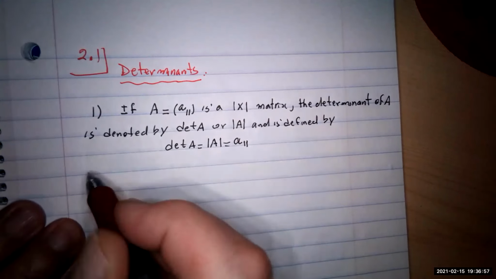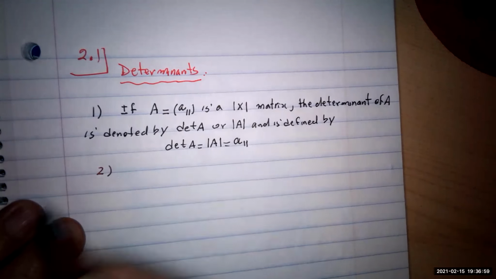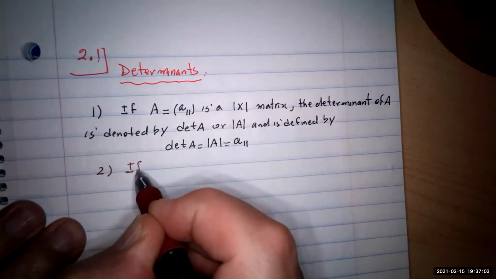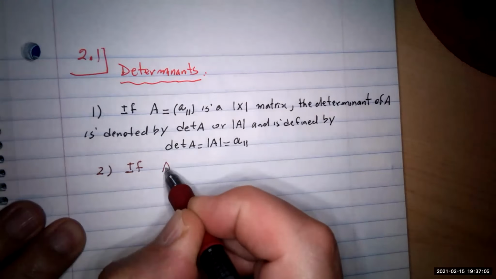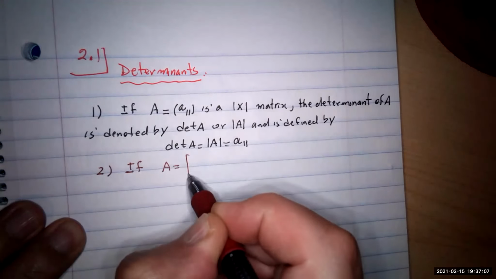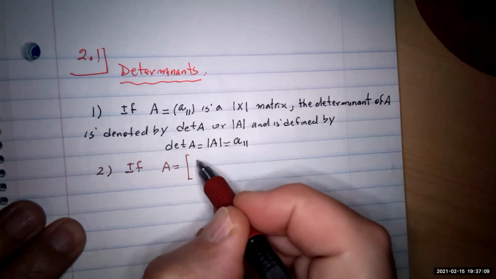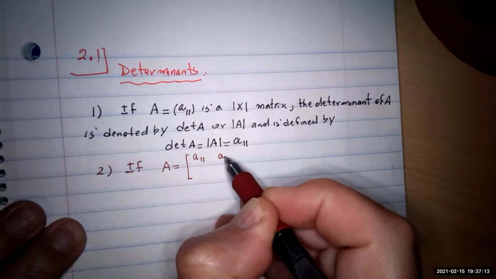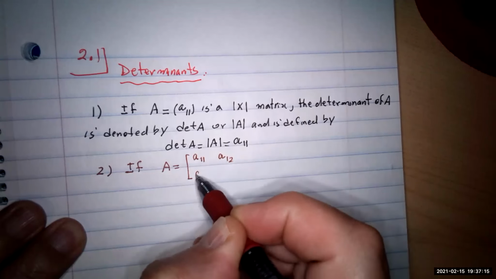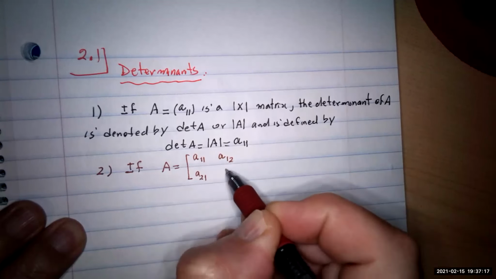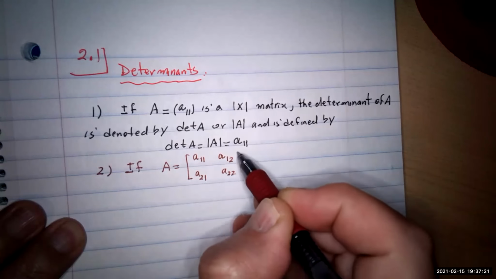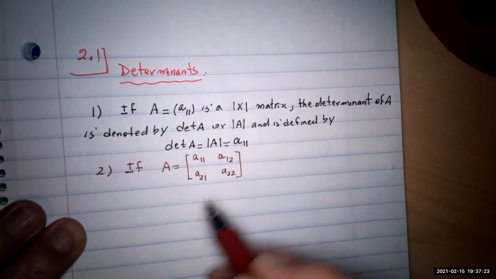Okay, so we go to the 2 by 2. If A is a 2 by 2 matrix, for example, the first row is A11, A12, and the second row is A21 and A22. So this is going to be the matrix.